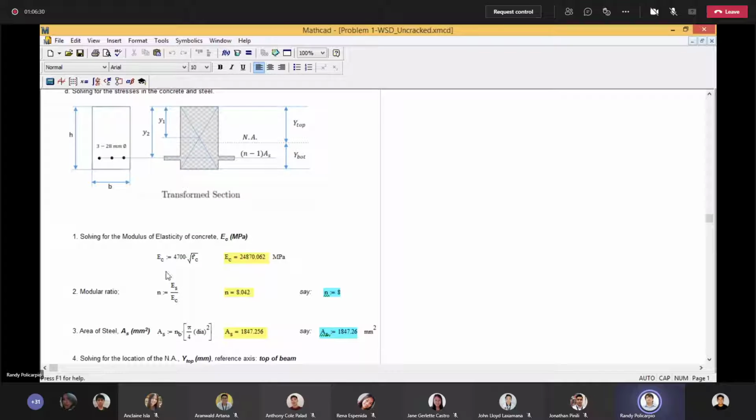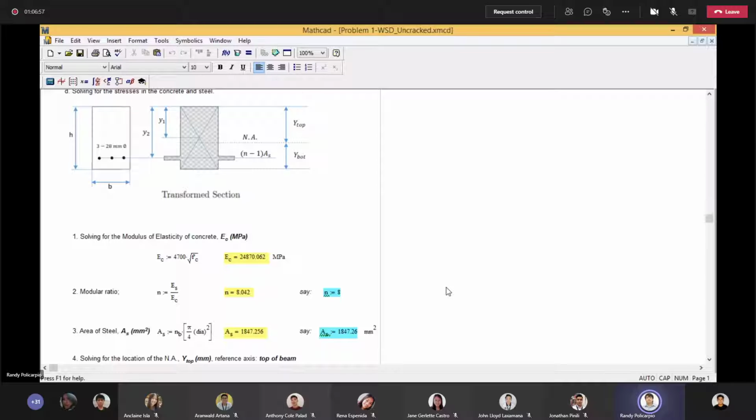Okay, so we need to solve the modular ratio, yung n. It is based from this formula, Es over Ec. So we will solve first for Ec using the formula. And this is now the value of our Ec. So solving for n, it is equal to 8.042. So we will make use of the whole number, 8.